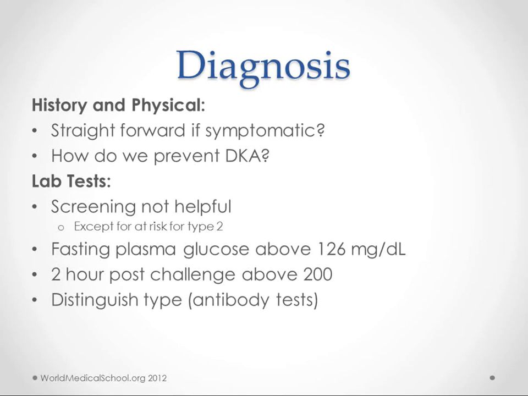So distinguishing type can be a little bit tricky sometimes in your kids who are at risk for type 2, but presenting with type 1. And currently that's still kind of based on risk factors and autoantibodies, and it's a little bit of a clinical diagnosis.